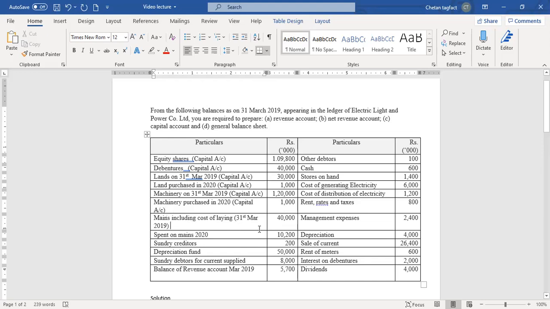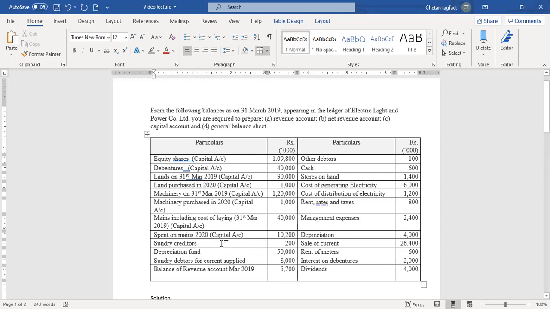Mains including cost of laying as on 31st March 2019. This is also a long-term investment, so we show it on the expenditure side of the capital account. An amount spent on mains in the year 2020 is also shown in capital account as it is an investment in a long-term asset.